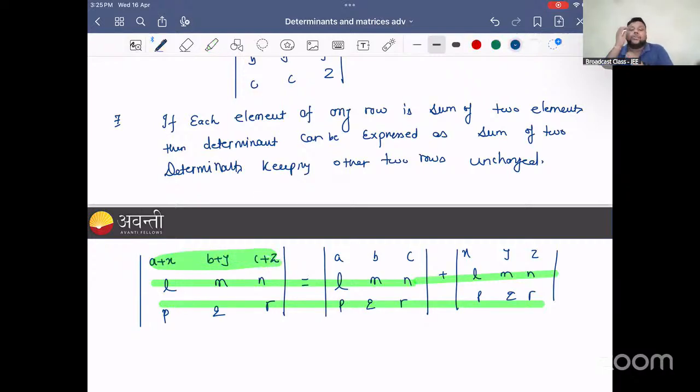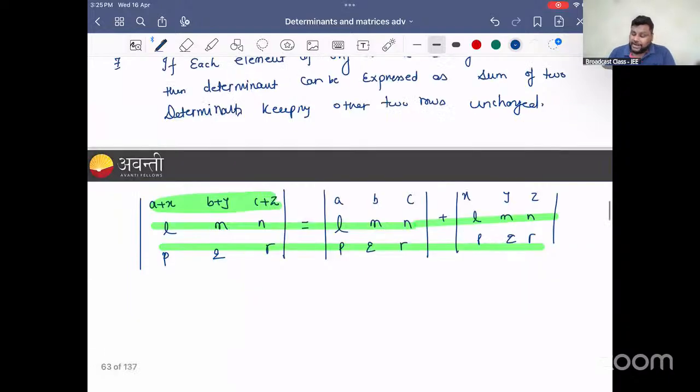So this is the only way if you want to add two determinants or subtract two determinants. Like if you want to add two determinants, first of all, two rows or two columns should be identical to the other one. Getting my point? Then you can add or subtract along the third row.